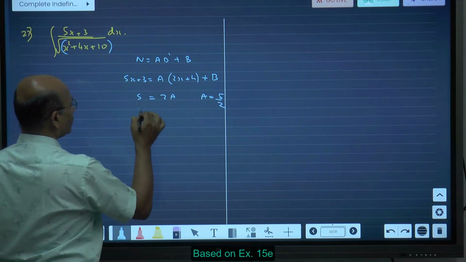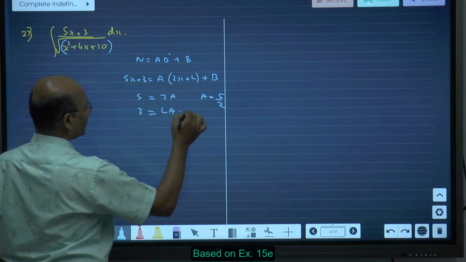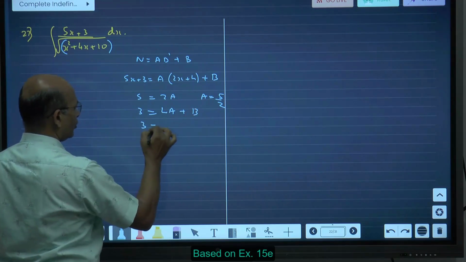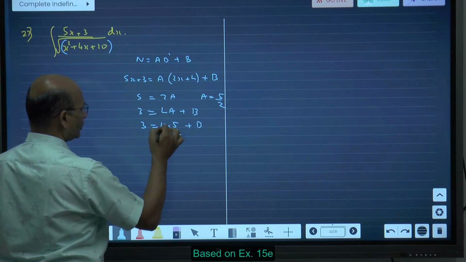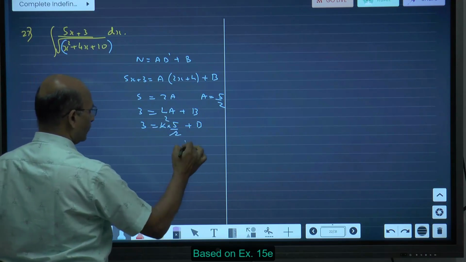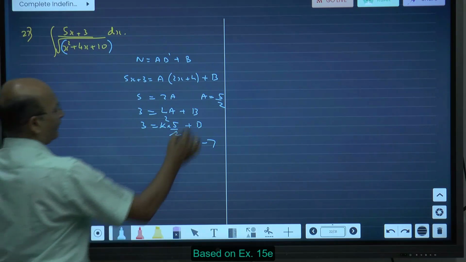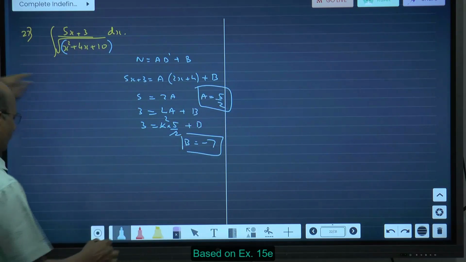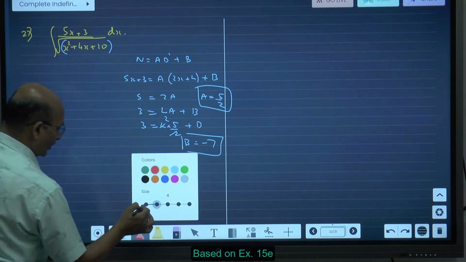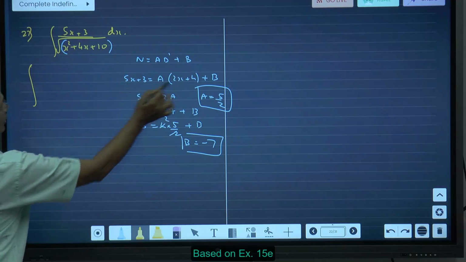Then compare the constant, 3 is equal to 4a plus b. So 3 is equal to 4 into 5 by 2 plus b. 2 2s are 4, 5 2s are 10. So b is equal to minus 7. So I got a value, I got b value. Remember, I am writing the numerator in this format. So let us see now what happens. So numerator is equal to a.